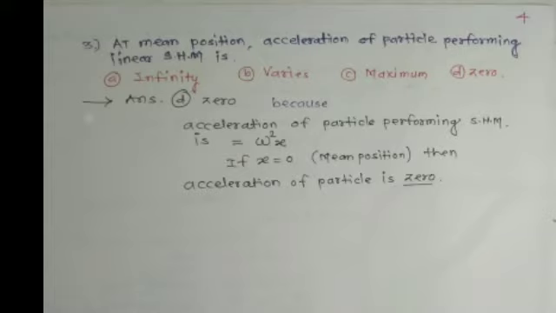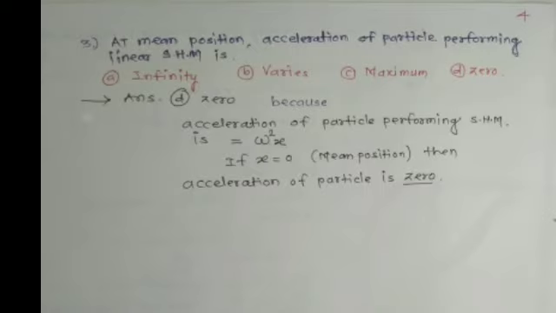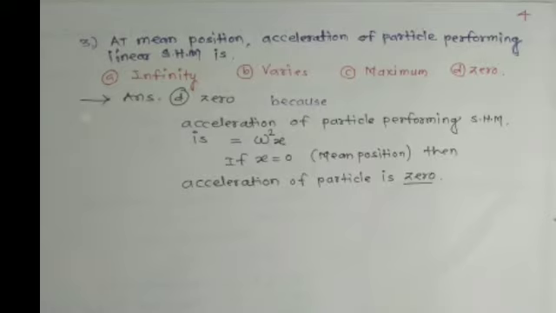Question number 3. At mean position, the acceleration of a particle performing linear SHM is option A infinity, option B varies, option C maximum, and option D 0.